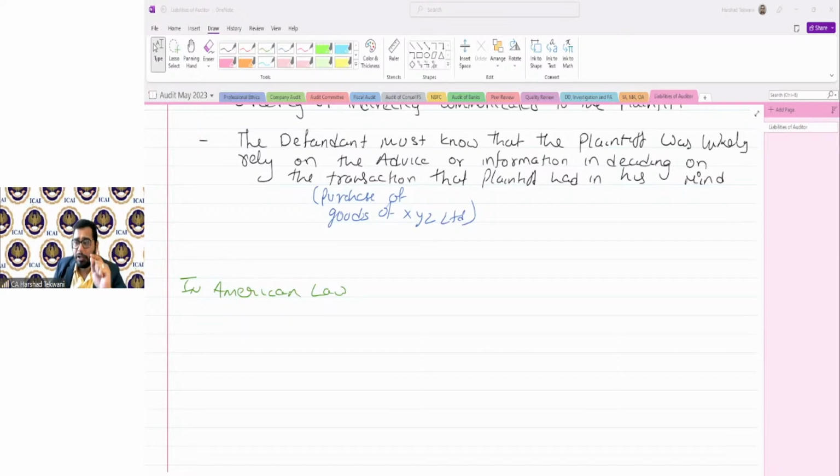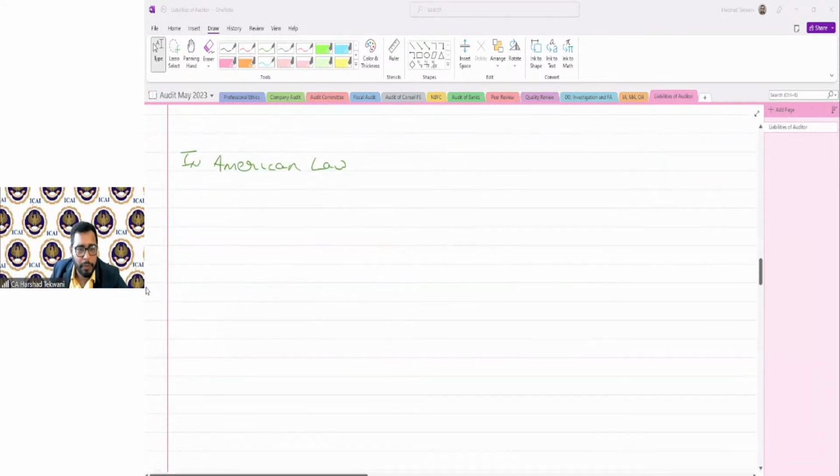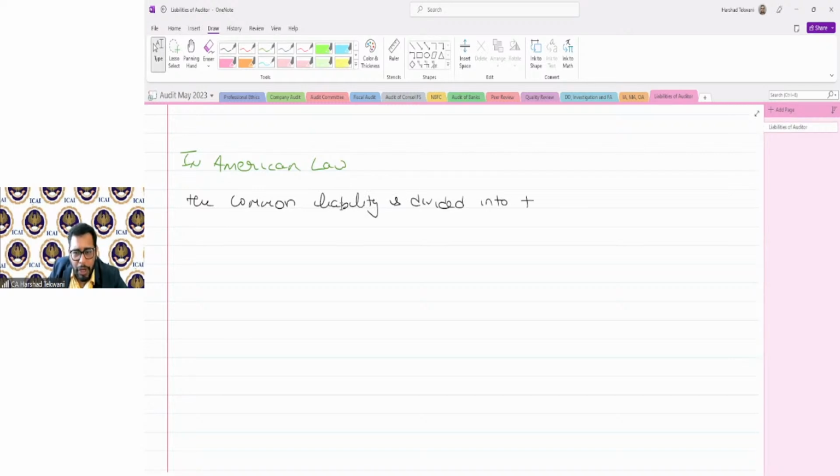and that is only related to the third party I'm talking about. Third party who is not privy to the contract. So the common liability is divided into two classes with respect to the third party, which are not privy to the contract.